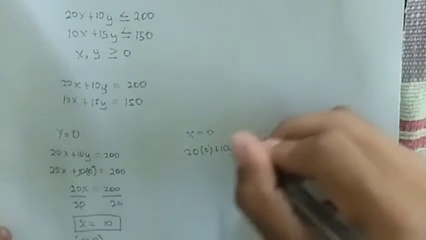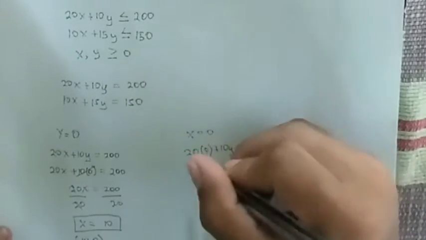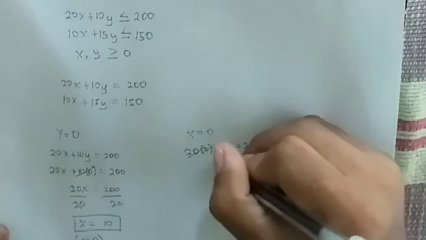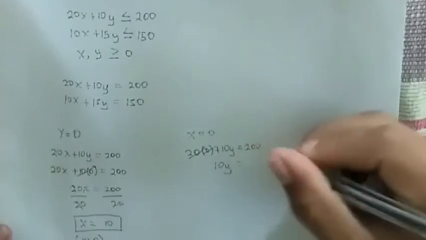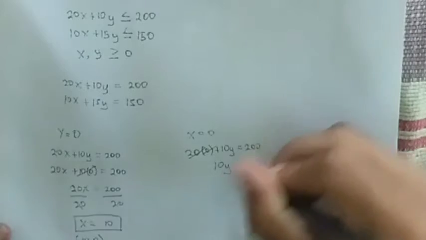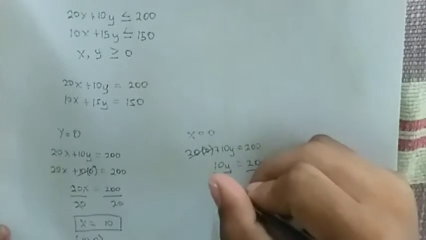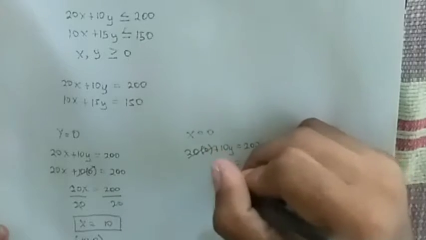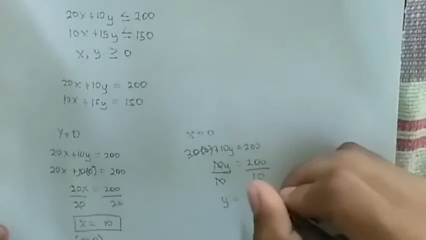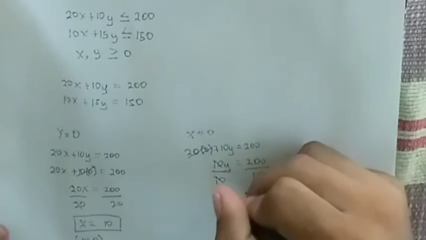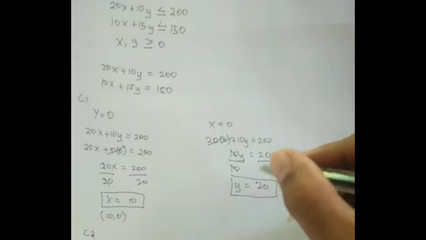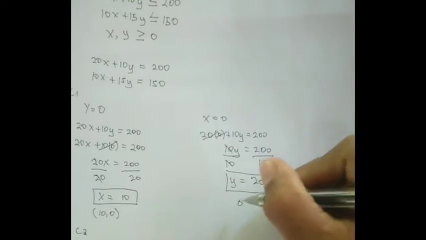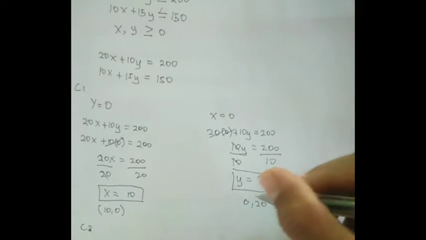Then cancel. 10y is equal to 200. Divide both sides by 10. Cancel. So y is equal to 20. And now we have the coordinates 0 and 20.